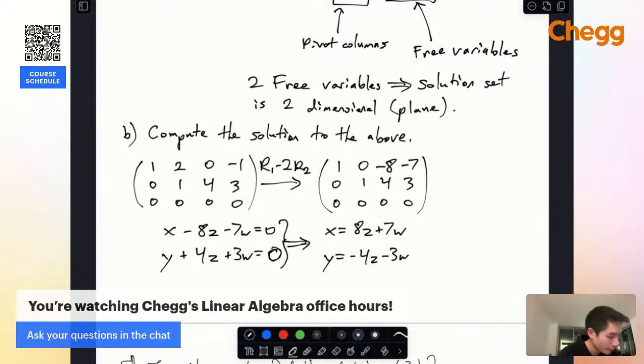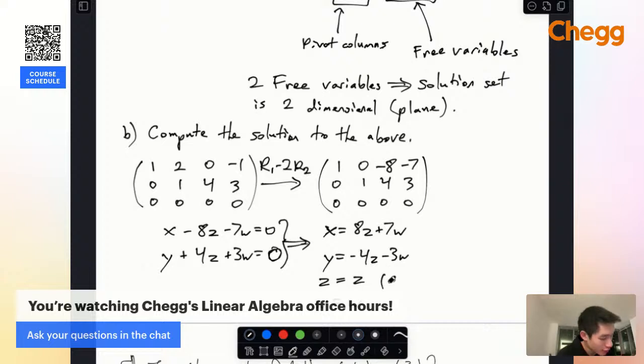And what is commonly written is to say that since z is a free variable, it can be any real number. So we usually denote that just by writing z equals z. And same thing with w. w equals w.